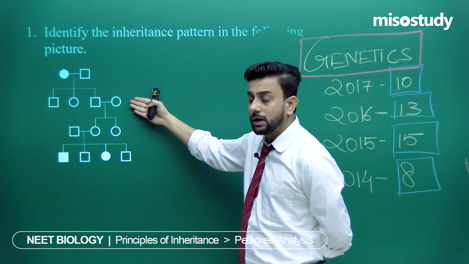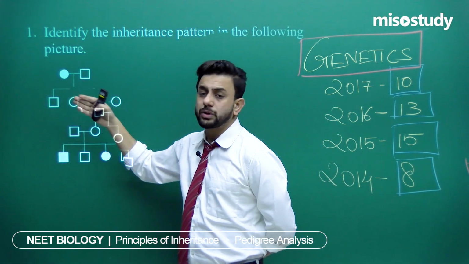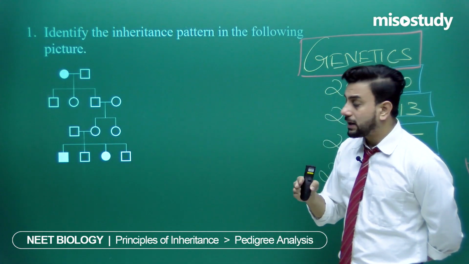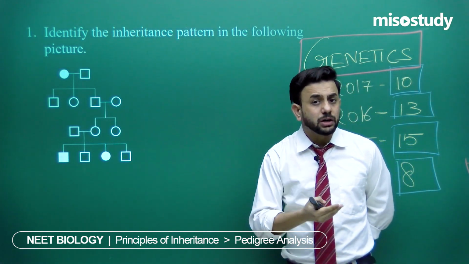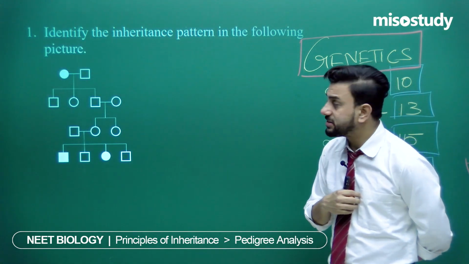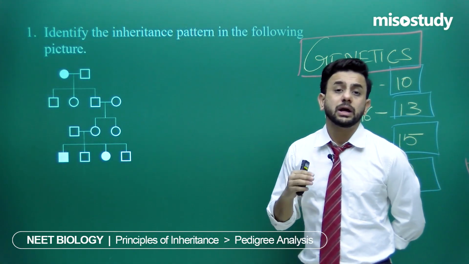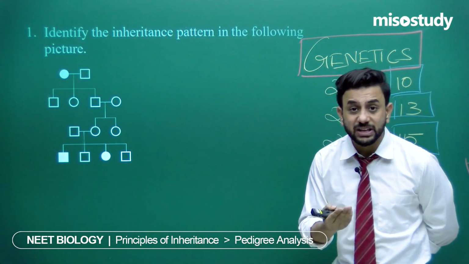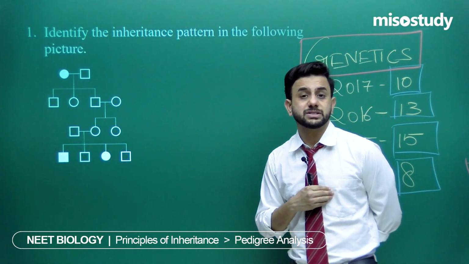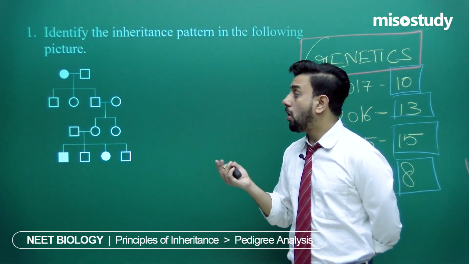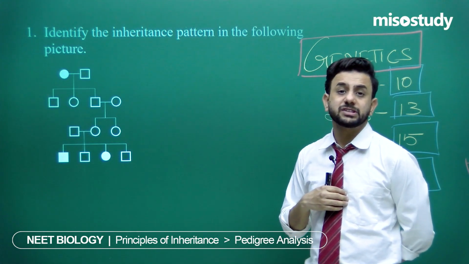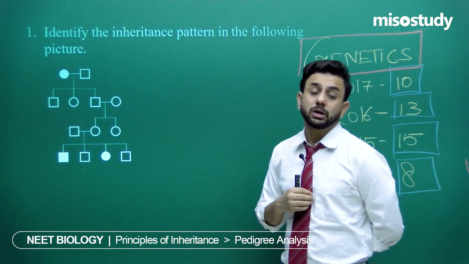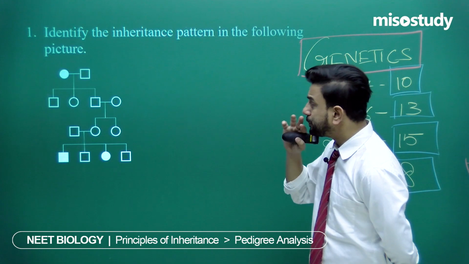But we see here that in this generation the affected trait is absent, right? And similarly there are the other rules and regulations on the basis of which we will categorize each of them as whether the mode of inheritance is X-linked, autosomal, dominant or recessive.